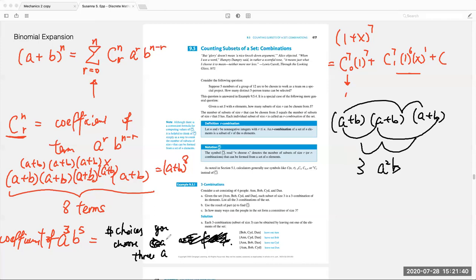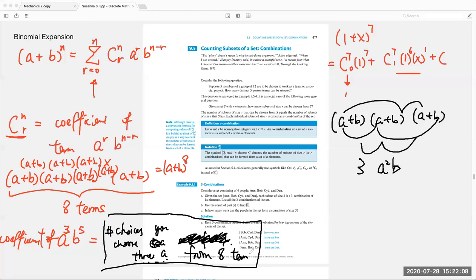The 5 terms left, you can only choose B. So the coefficient means the choices that you choose 3 A's from 8 terms. So actually it should be 8C3.